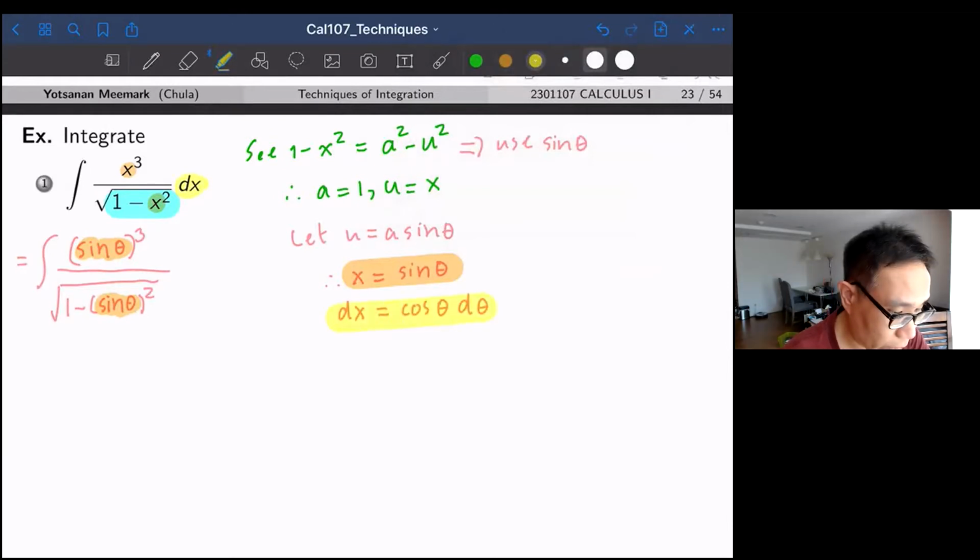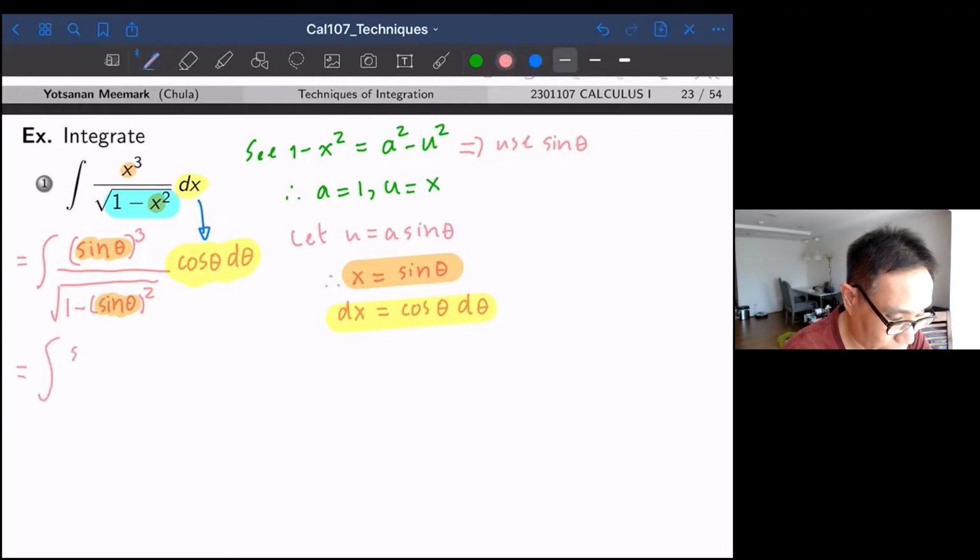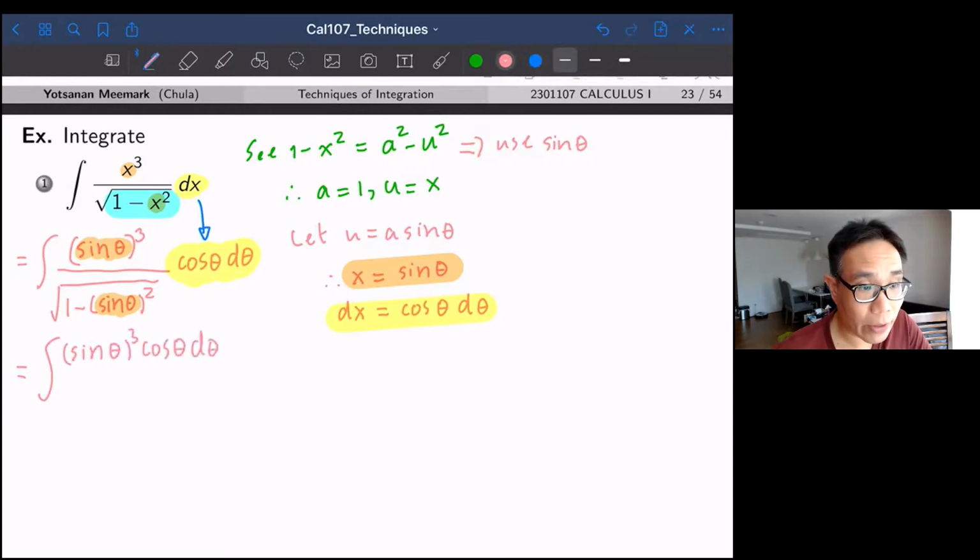So you have cos theta d theta, and this one is the yellow one. So in this case you're going to integrate sine theta to the third times cos theta d theta over the square root of 1 minus sine square.